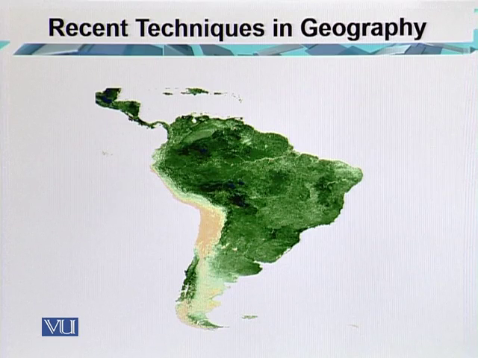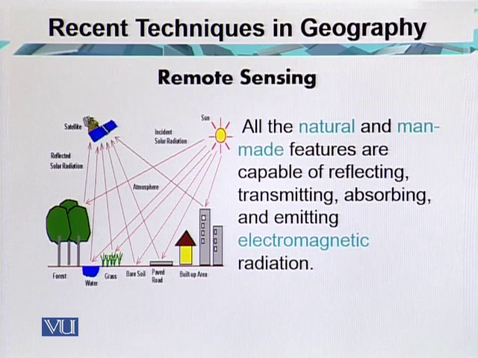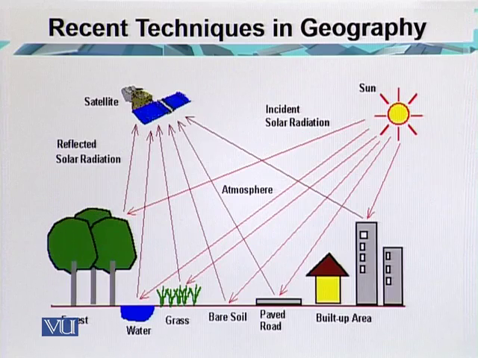Now all the natural and man-made features are capable of reflecting, transmitting, absorbing and emitting electromagnetic radiation. This slide clearly shows that the area is covered with different land uses.